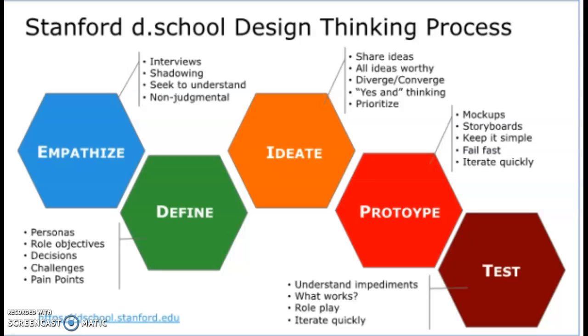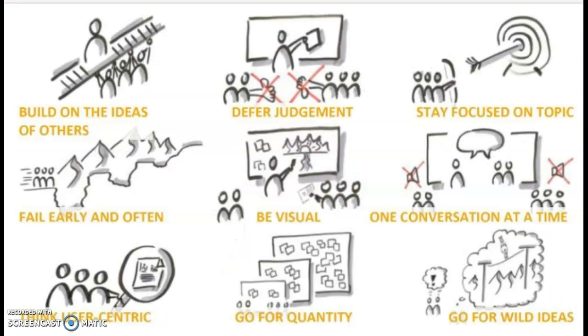The next step is the ideate step. It's really where we come up with interesting, creative solutions to the problem that we've defined. There are a set of rules in doing ideation, and you see them listed here. And we really encourage wild ideas.